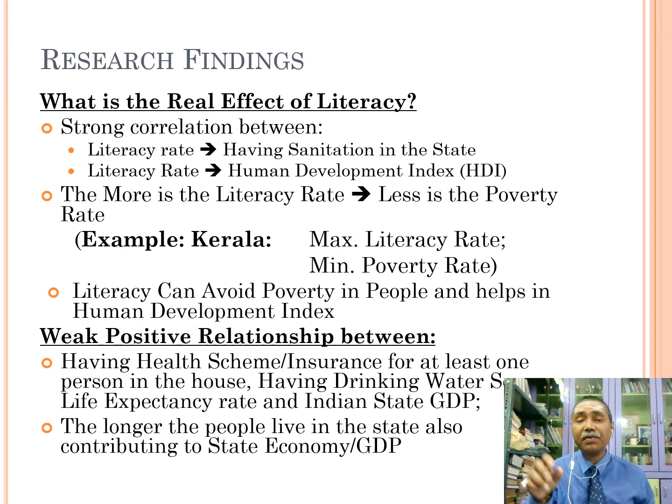What is the real effect of literacy? It is a strong correlation. Literacy rate is strongly correlated to having sanitation in the state. It is also strongly correlated to the Human Development Index, UNDP. And the more literacy rate you have, the less poverty you have. For example, Kerala has a literacy rate of 94% and a poverty rate of hardly 7%.